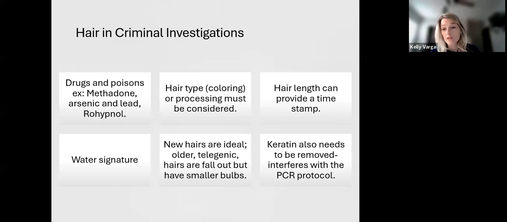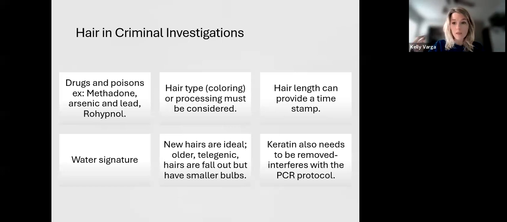New hairs are the ideal for forensic analysis because they have larger, more robust bulbs. So again, if you've ever had hair follicles that have fallen out and you see sort of like the end where it looks a little bit like a white gunk or something at the end, that's the hair bulb. That is, if it is a brand new hair that is kind of coming out, or shorter hair, baby hairs, right?